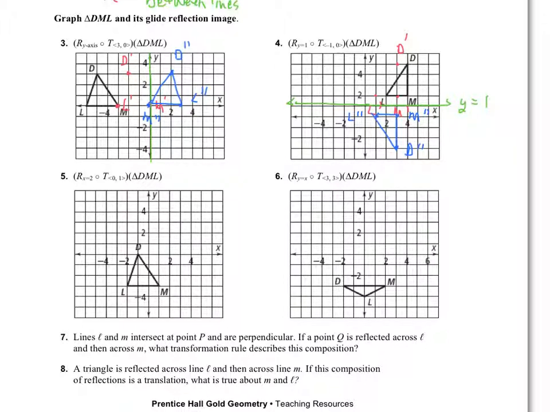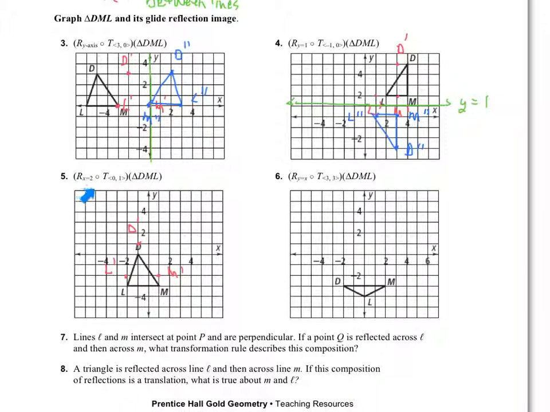Then number 5, we're going to translate nothing to the right or left, but we're just going to go up 1. So we're going to start there. Every point gets moved up 1. So this becomes D prime, this becomes M prime, and this becomes L prime.